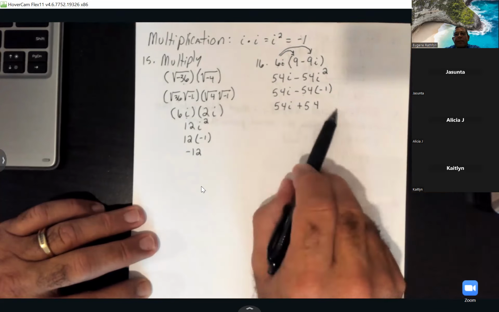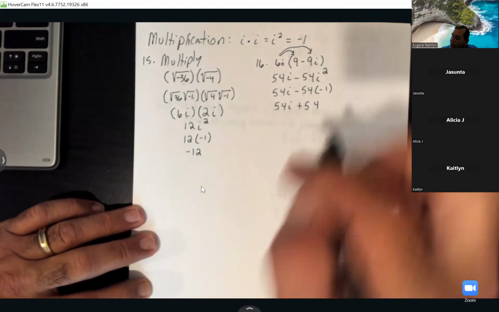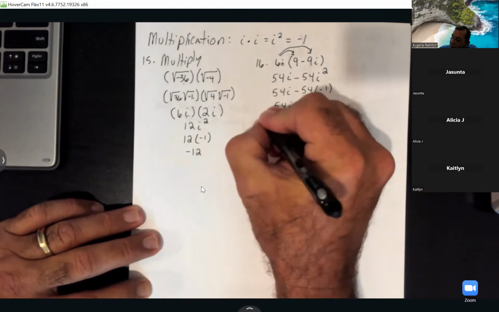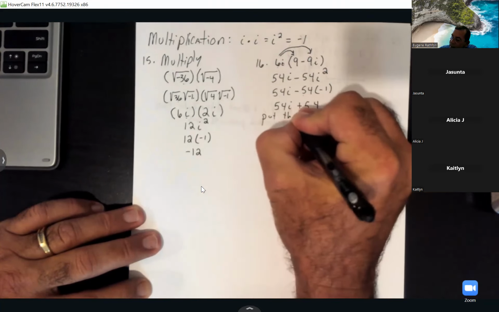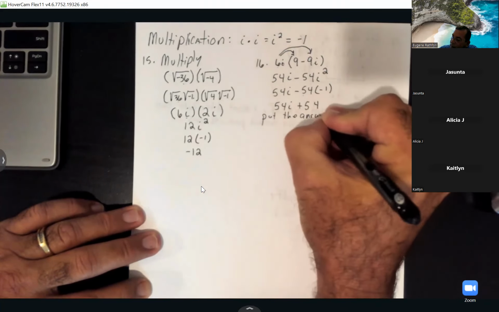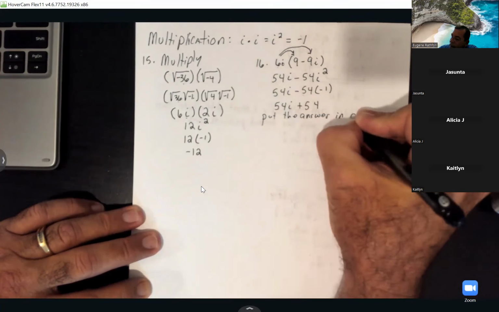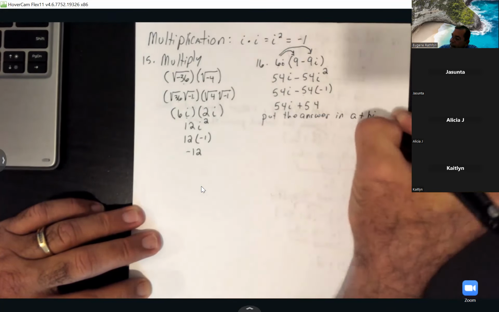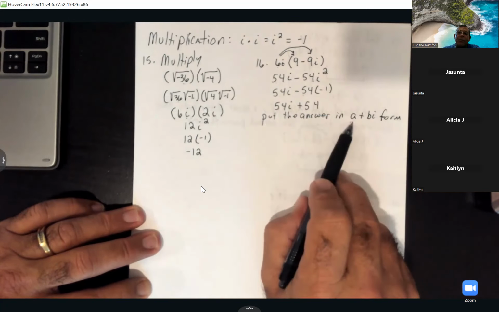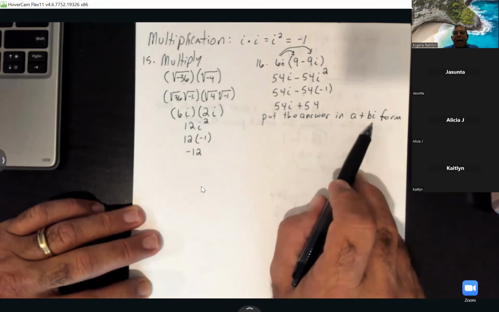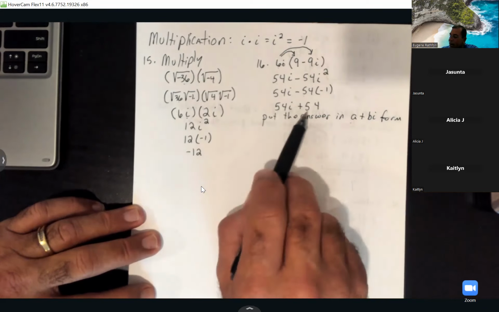Now, although this is the correct answer, we got to put the answer in A plus BI form. That means they like the real number first, followed by the imaginary part.